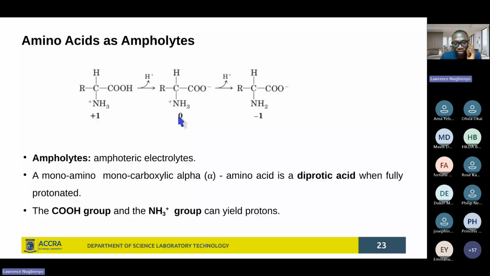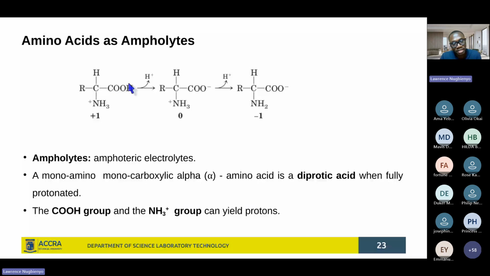Now, the same way, if you have a fully protonated amino acid, which is to say that the amine group is NH3 plus, so it's fully protonated, and the carboxylic acid group is COOH, so it is also protonated.